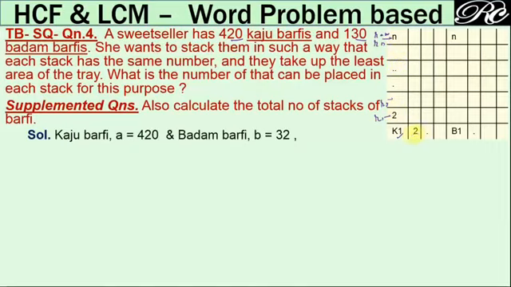Similarly, for the second column of Kaju Barfi, there are n Kaju Barfi one over another. So there are a total of n rows which is common to all the Kaju Barfi stacks as well as the Badam Barfi stacks, which is denoted here by B1.